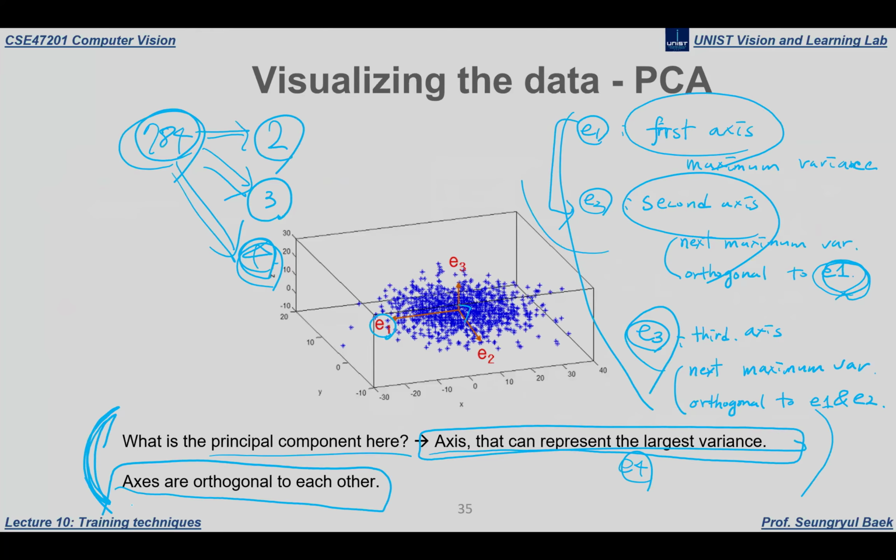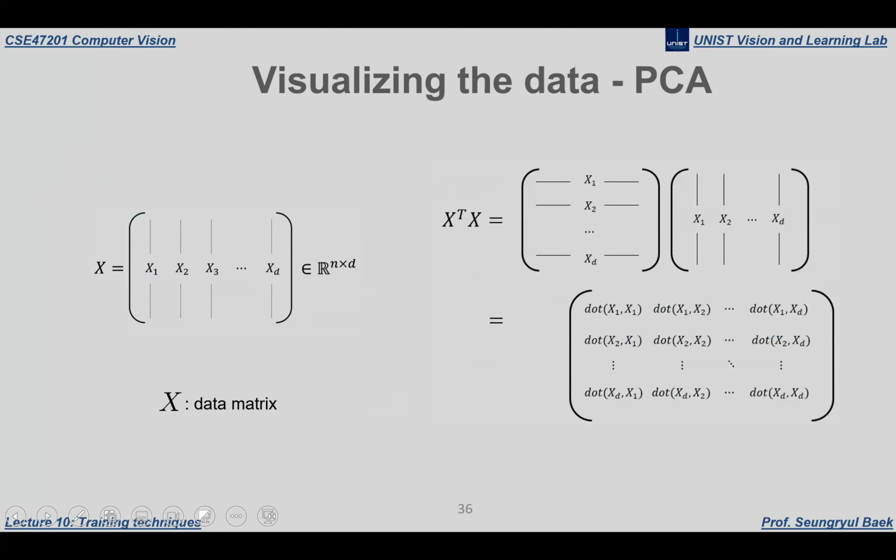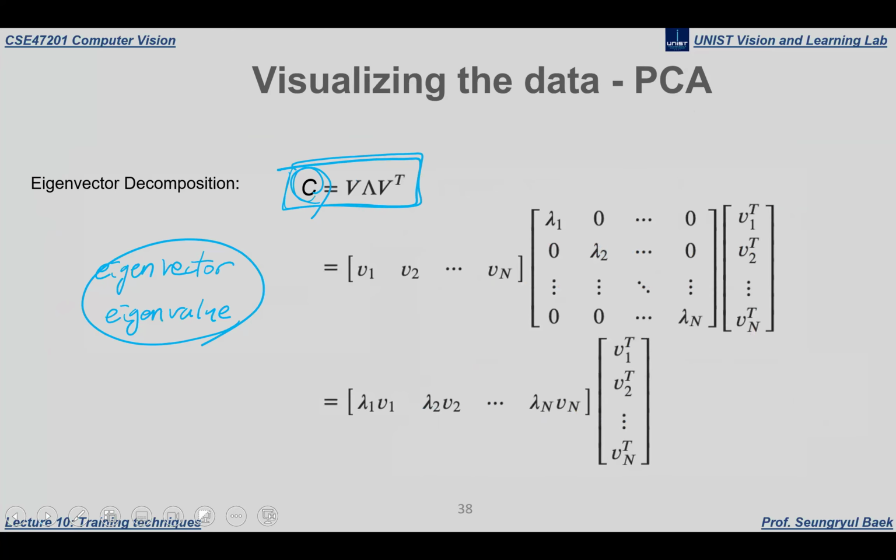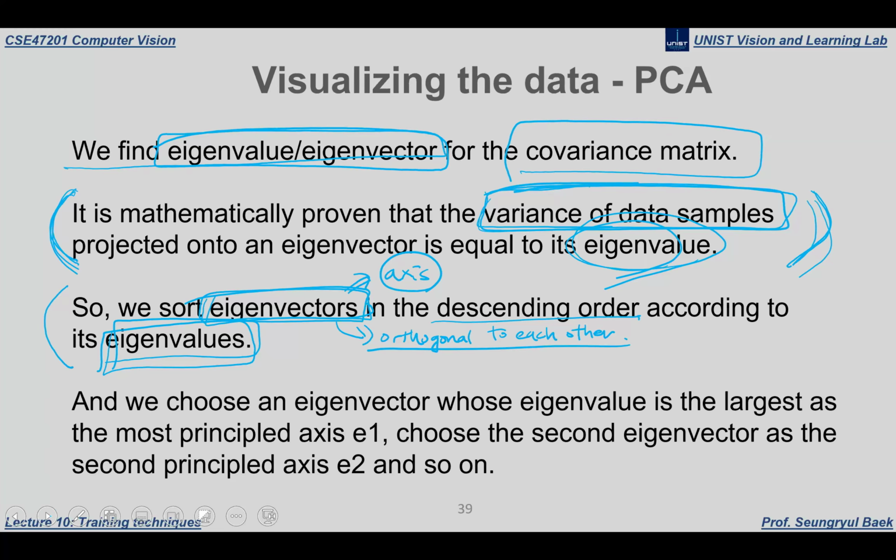So to obtain this, we apply eigenvalue decomposition on the covariance matrix, and we sort the eigenvectors according to their eigenvalues. By nature, eigenvectors are orthogonal to each other.